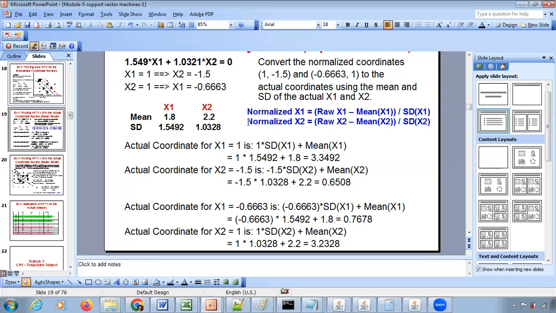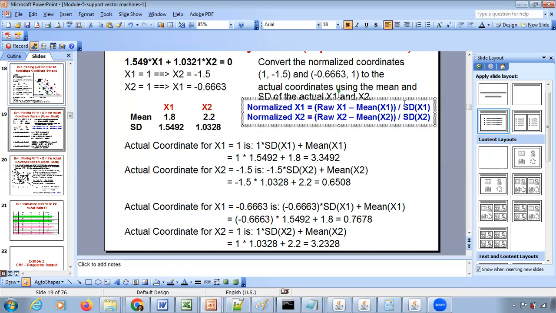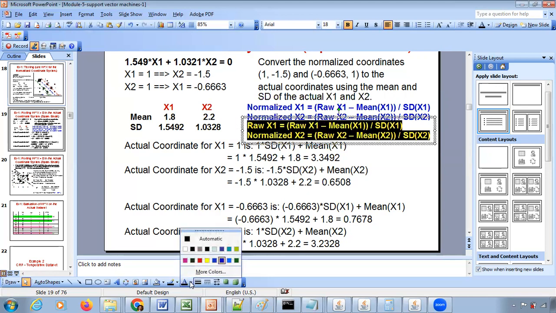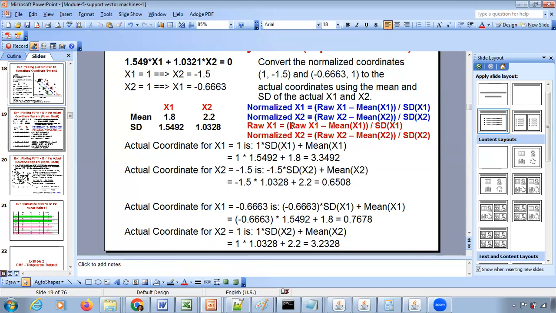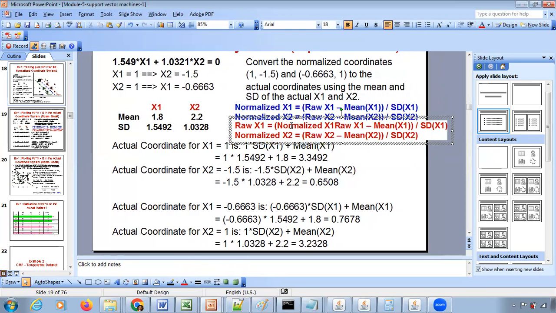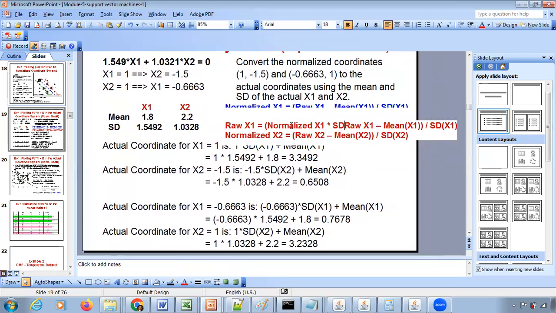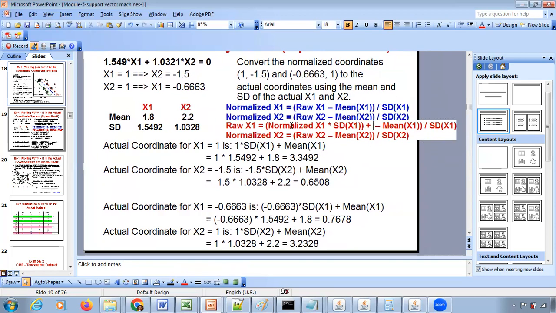I think that will be clear, but I can add a couple of things here so it doesn't get crowded. So the raw x1, in a different color, is going to be the normalized x1 times the standard deviation of x1, the whole thing plus the mean of x1.